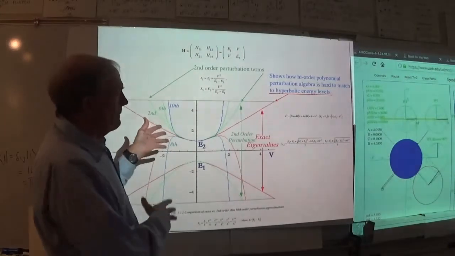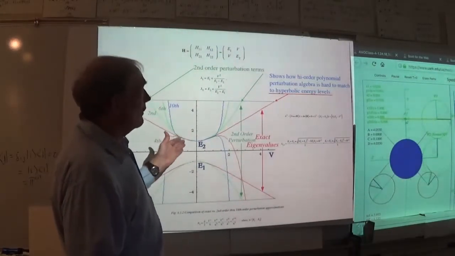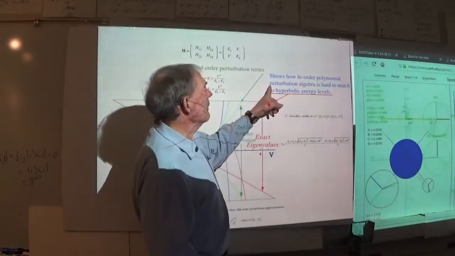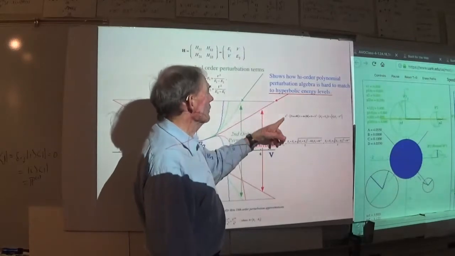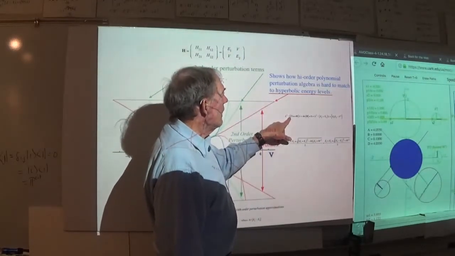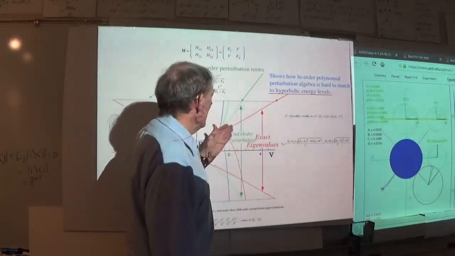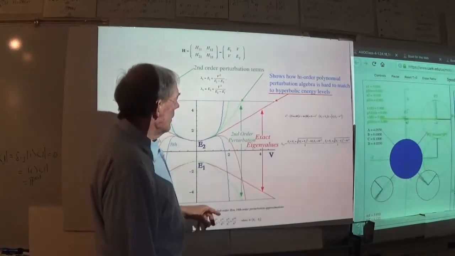But this slide somehow got out of order here. What I wanted to show with this is that high-order polynomial perturbations, this is the second order, actually first order but second in potential perturbation, really can't match a hyperbola.